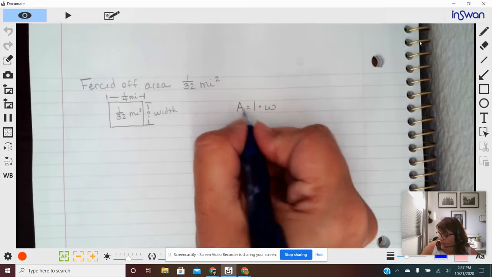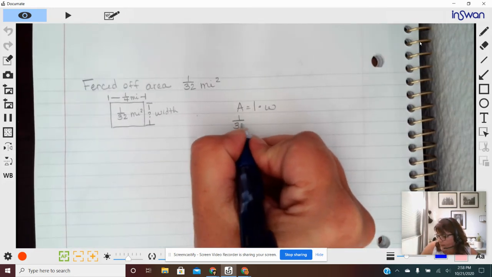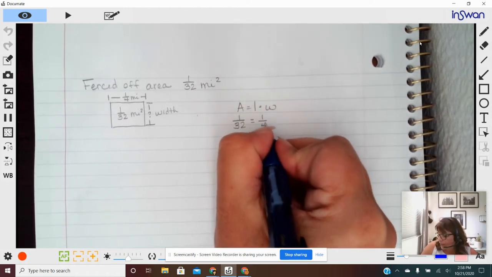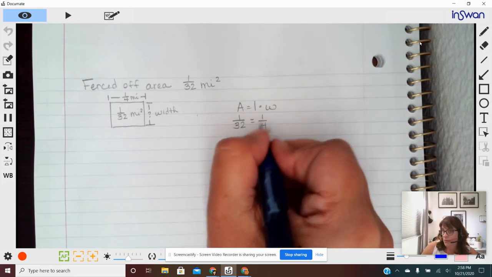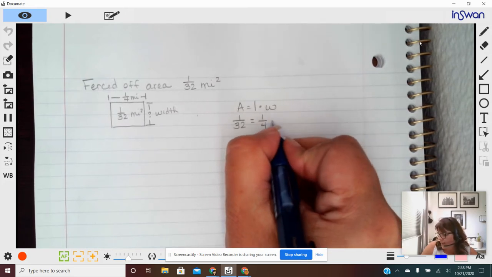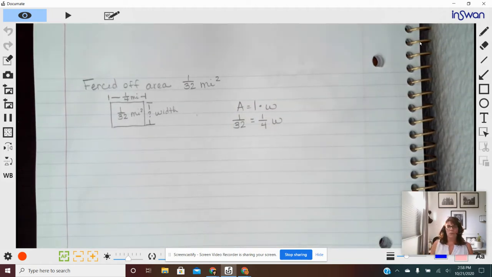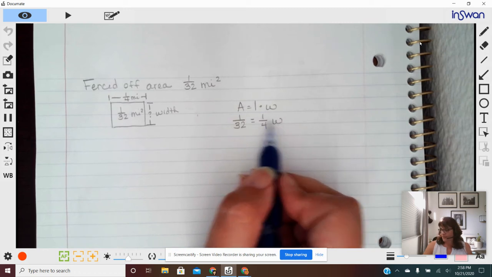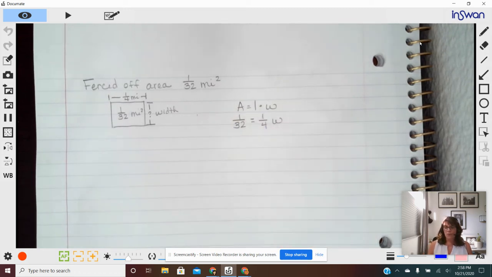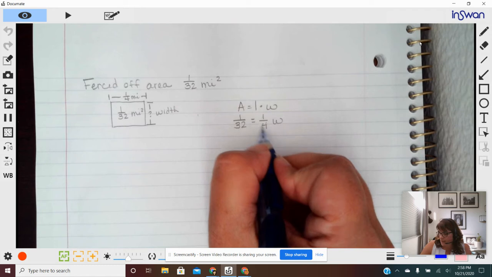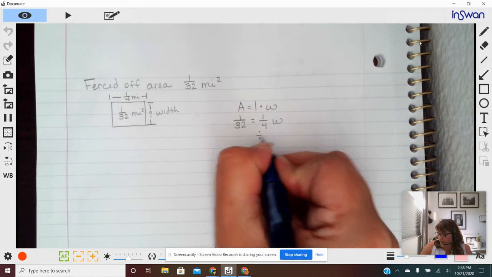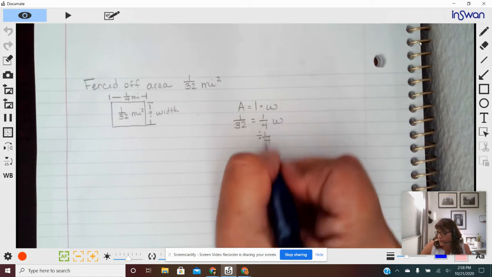So if I know that the area is 1/32, and I know that the length is 1/4, the part I don't know is what's the width. Oh, it's an equation. 1/4 times width gets me this. You guys know from doing simple equations that if I have multiplication here, the inverse operation would be to divide. If I divide 1/4 by 1/4, we know that's going to cancel out.